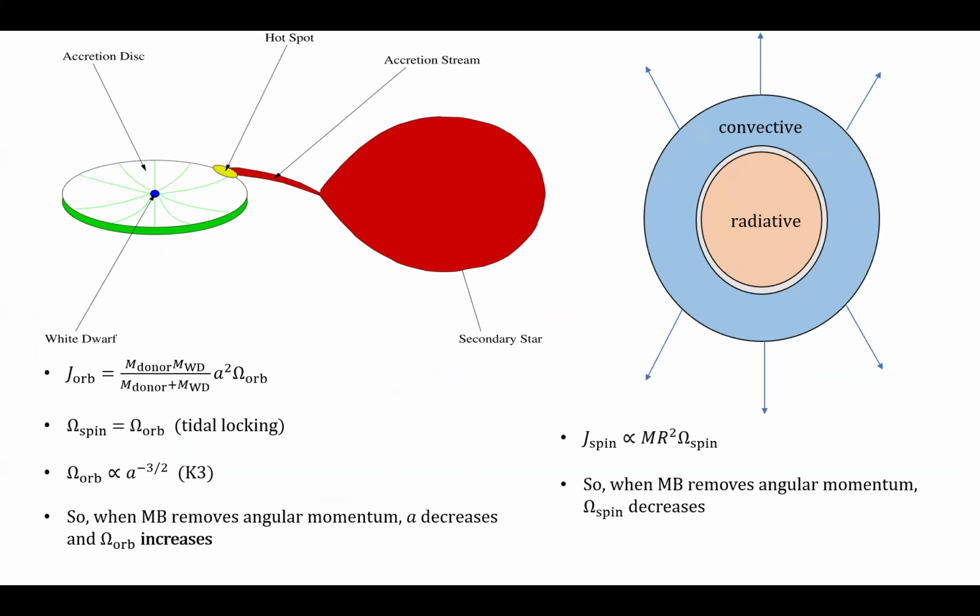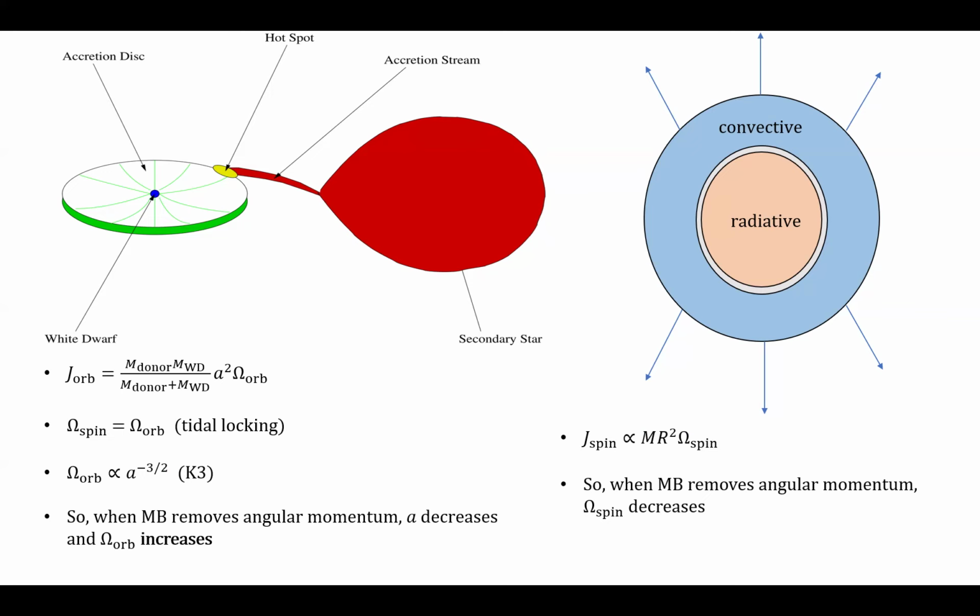So you're saying that in the end, J orb is going down, therefore A has to decrease, because it goes as the square root of A. That's correct, but if you do it correctly, you take a log derivative, then J dot over J, and there's an M dot donor over M donor, and then the accretor term, plus there's the A dot over A. All of them happen to make the orbit expand.